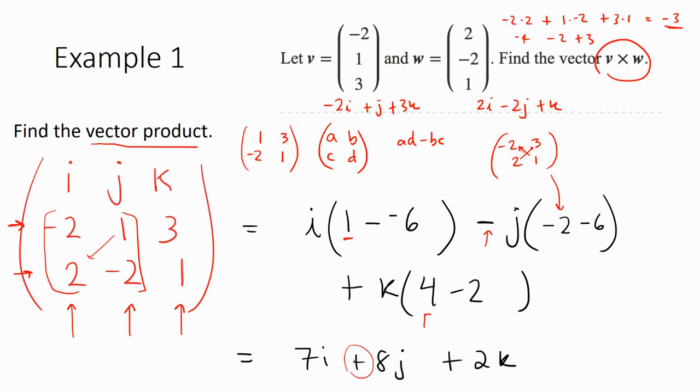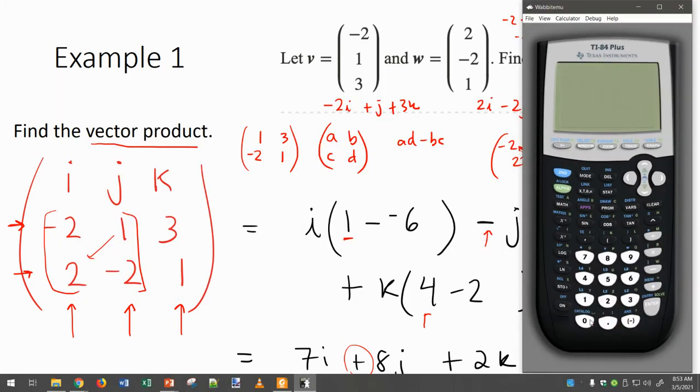And again, you should be getting a vector. You could write it as a column vector like this too. Let me go to my calculator here and show you. Let me enter these vectors in as a matrix, the way I've done it right here.